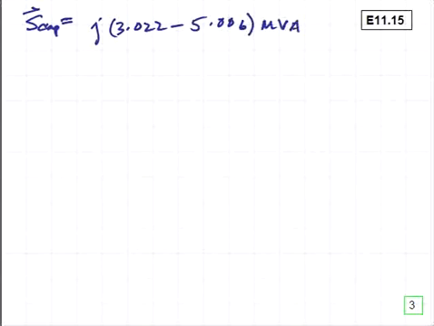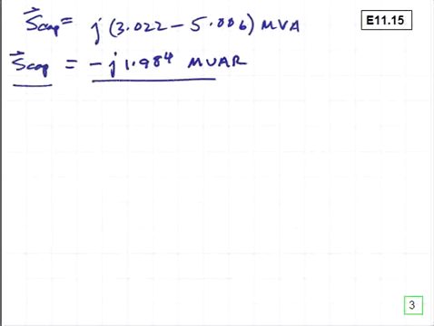So the reactive power supplied by the capacitor is equal to j3.022 minus 5.006 megavolt amperes, and this is equal to minus j1.984, and since that's reactive power, that would be megavars.